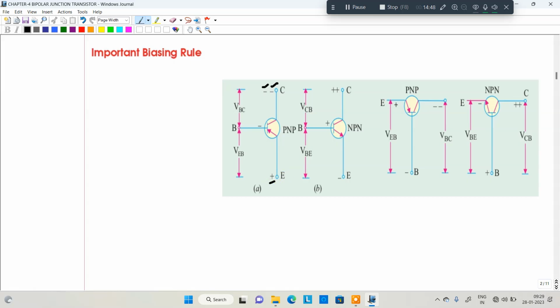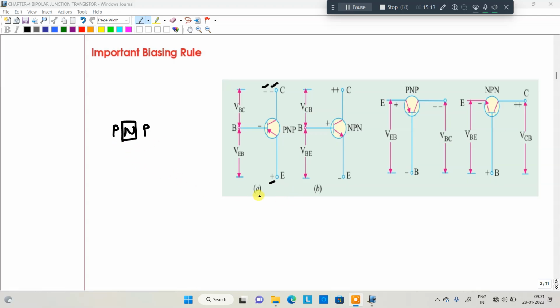How can you identify the positive or negative terminal? In the case of a PNP transistor, you should remember that N is present in the emitter as well as the collector. We'll see how the polarities are represented.